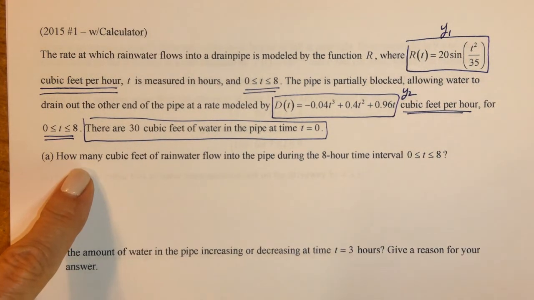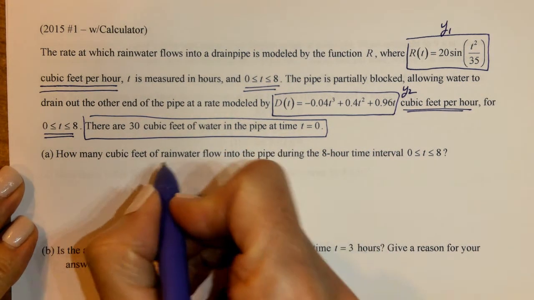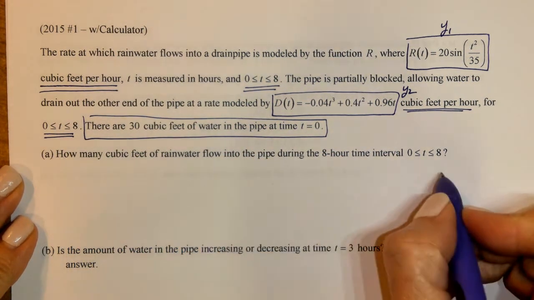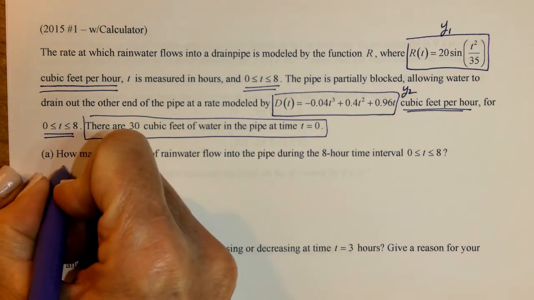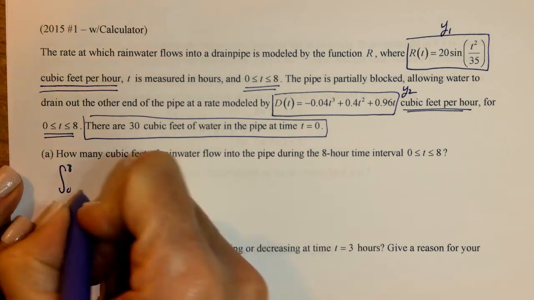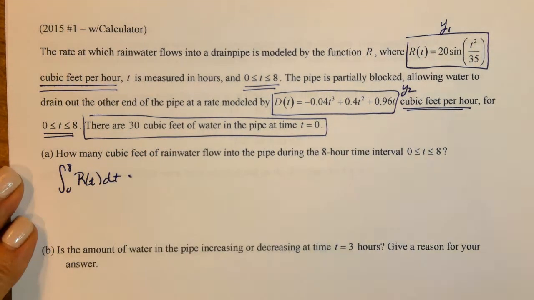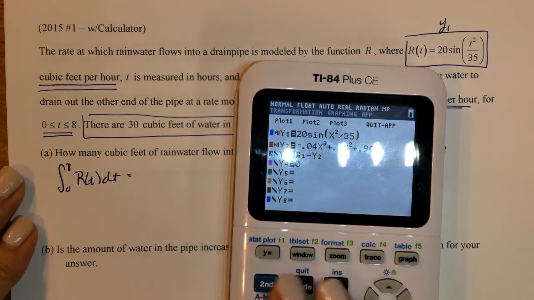Part A. How many cubic feet of rainwater flow into the pipe? How much water flows in that time interval? So the integral from 0 to 8 of the rate in, which is our R of t. Very typical for a part A problem.